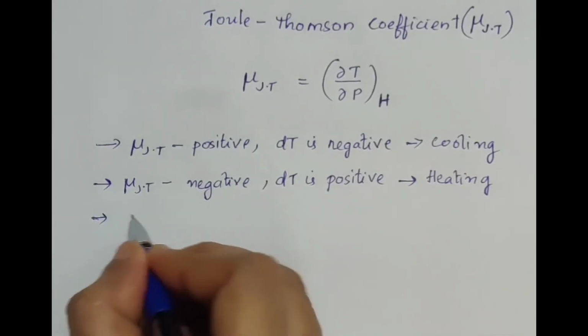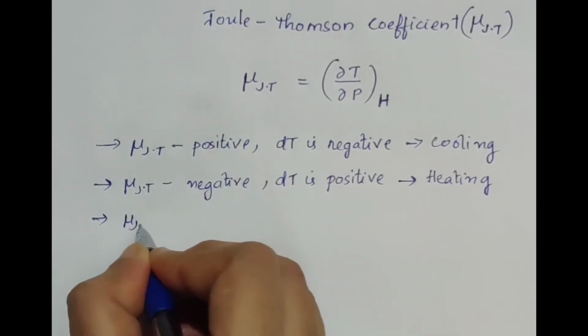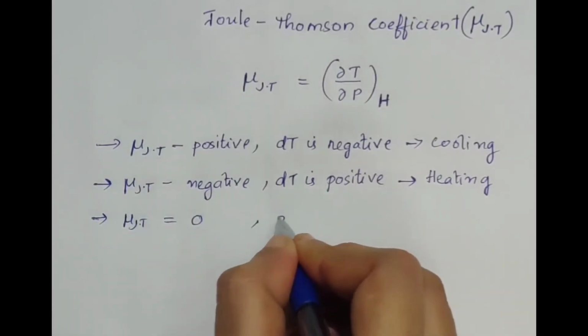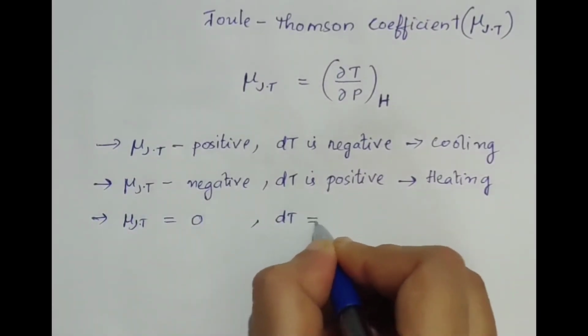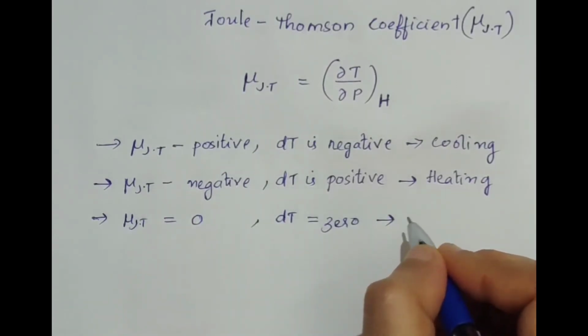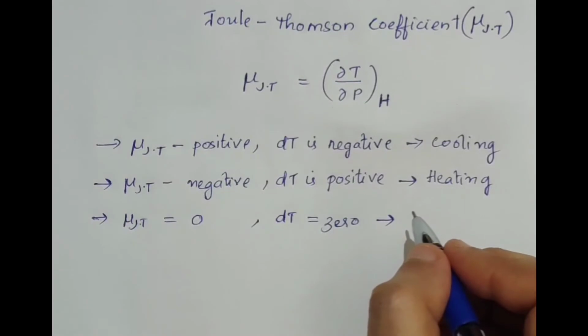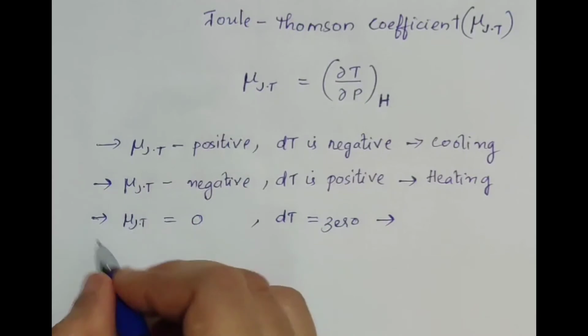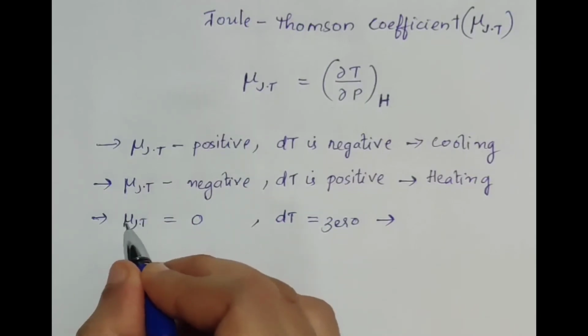Now next, the third condition, that is mu Jt is equal to 0, that is dt is equal to 0. Then we can say neither cooling nor heating, that is, there is no heating effect or cooling effect. For an ideal gas, the Joule-Thomson coefficient is 0.